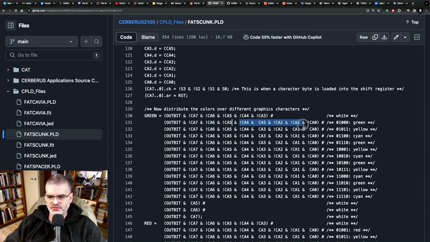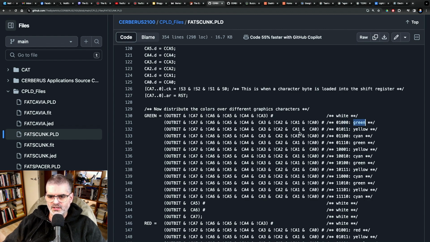What matters are these 5 values here. And I'm saying what they should be in order for the color to be green. So when CA4 is 0 because it's inverted, that's the 0. CA3 is 1, that's the 1. And CA2, 1, and 0 are 0, these are the zeros. Then the green channel is active, and this is green.